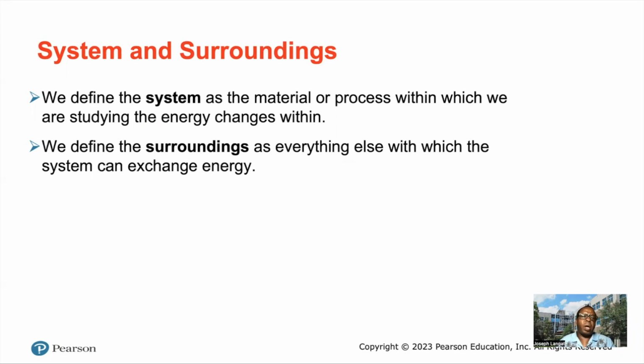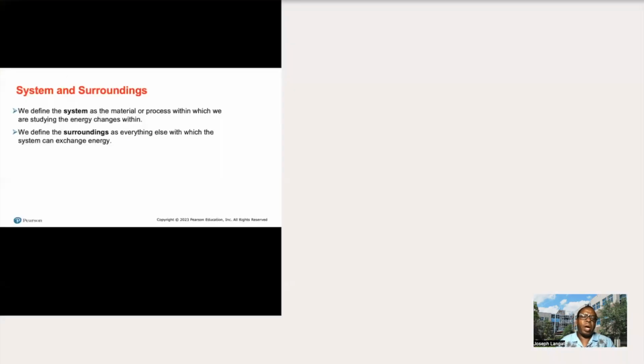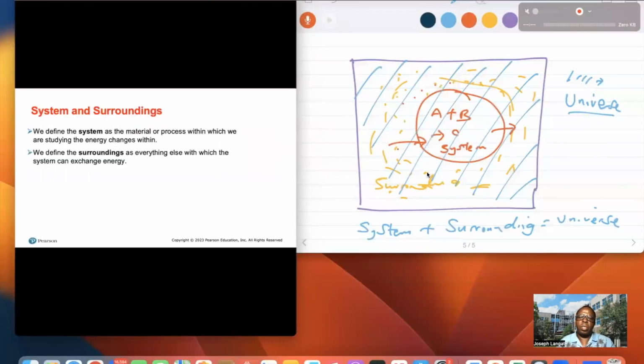Look at how I have illustrated the surrounding. Outside the system is the surrounding, and heat can be released to the surrounding by the system, or the system can absorb heat from the surrounding.